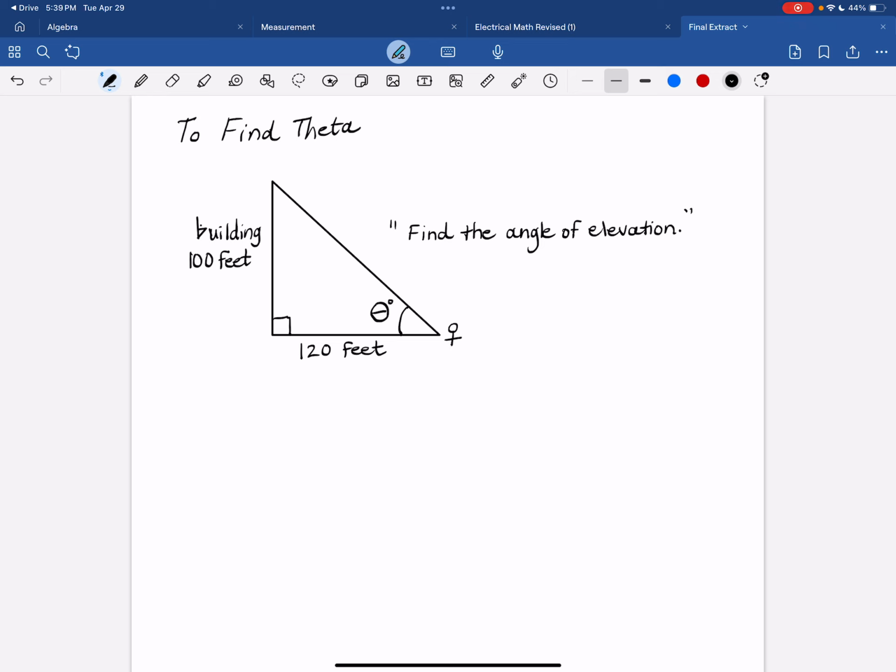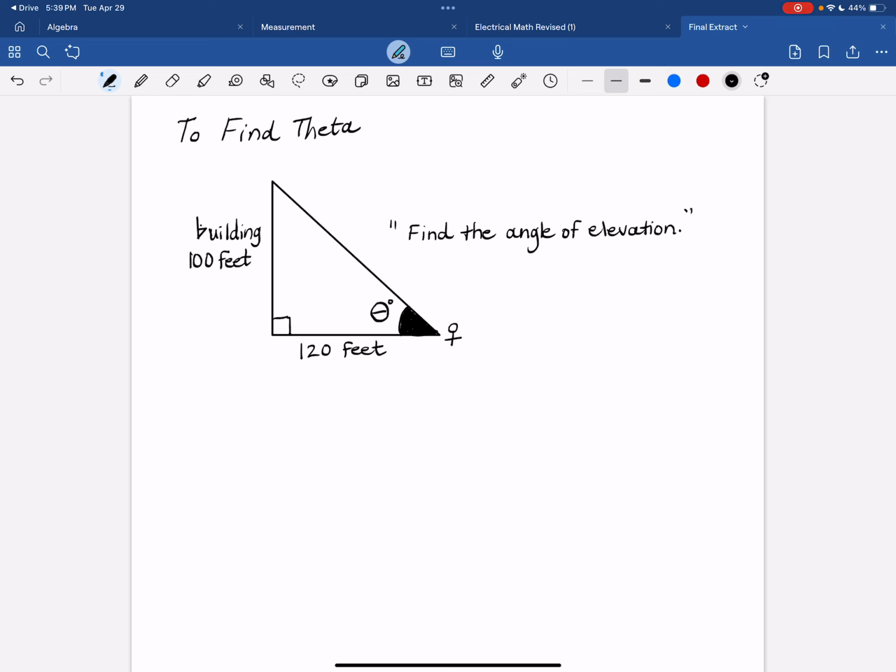We want to know this angle measure right here. And trigonometry will allow you to do that. You will actually need to use, it's called an arc function. It's the reciprocal of a function. So let's take a look at how we would do this.